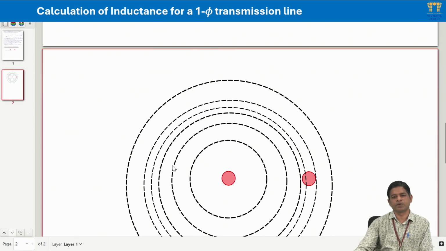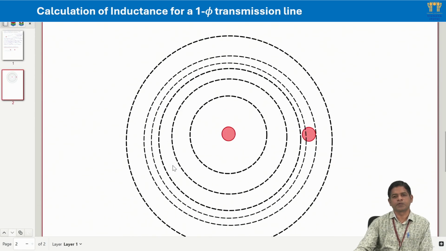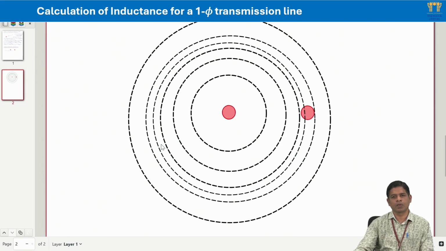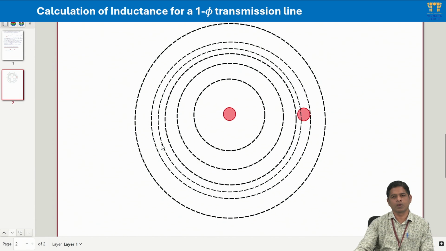So here I have drawn that. The dashed lines which you can see represent the flux lines which are produced by conductor 1 alone. So here you will have a better view.